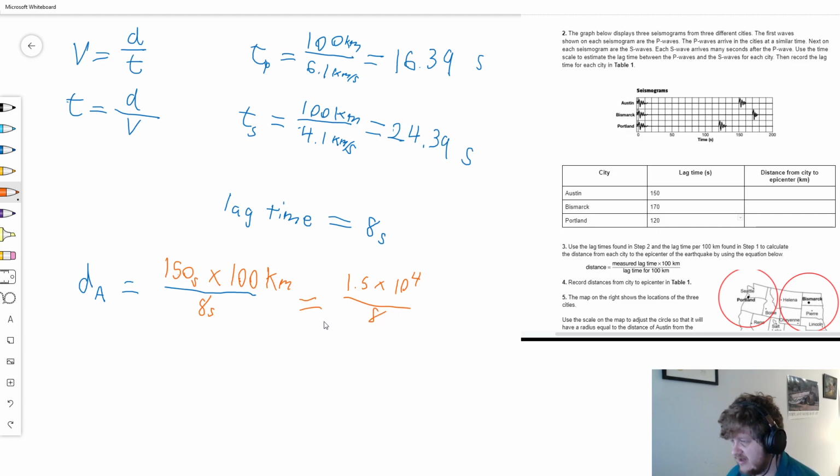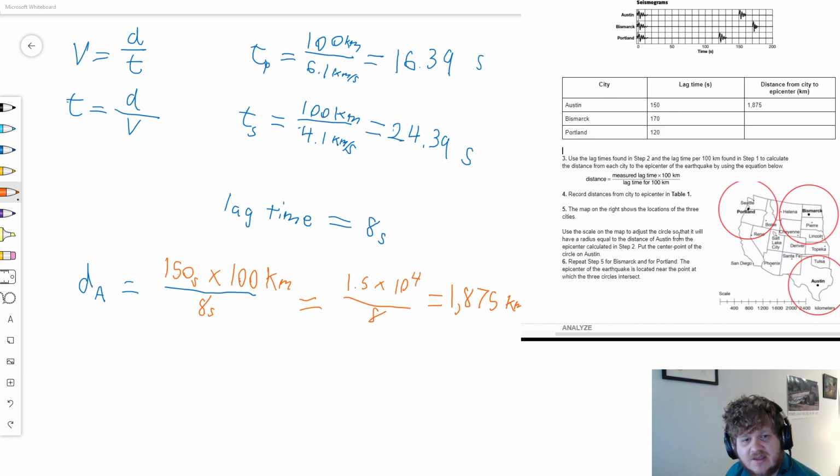And when we calculate that out, we end up with about 1,875 kilometers. And so that's the distance from Austin. So we'll plug it into our table, 1,875. And I'm not going to calculate out the rest for this one.